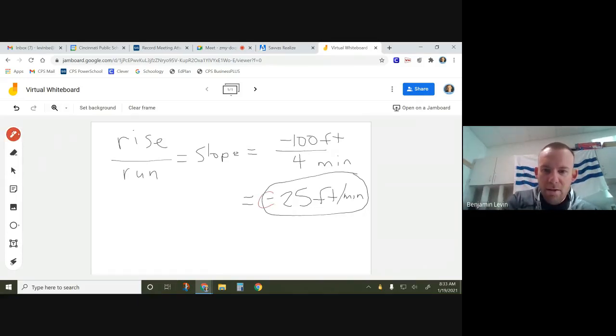If we were going up in an airplane that just took off from the runway, our answer would be positive because our plane is going up, right?